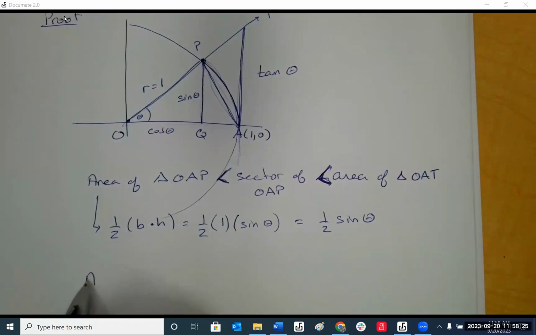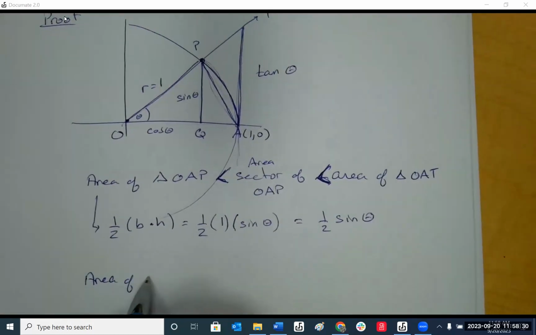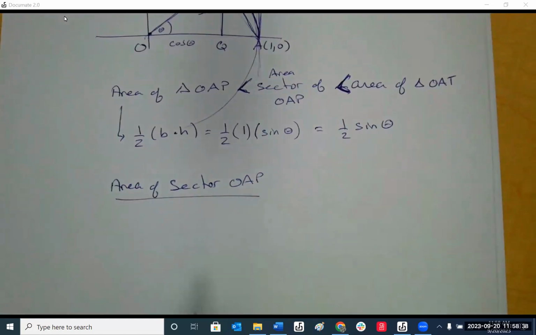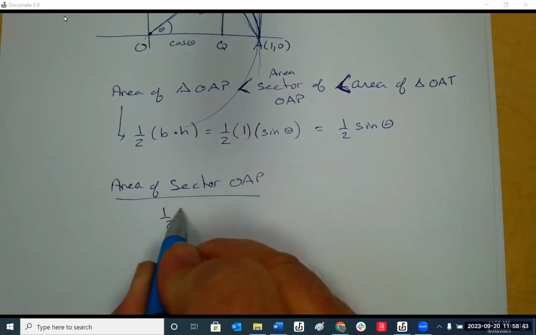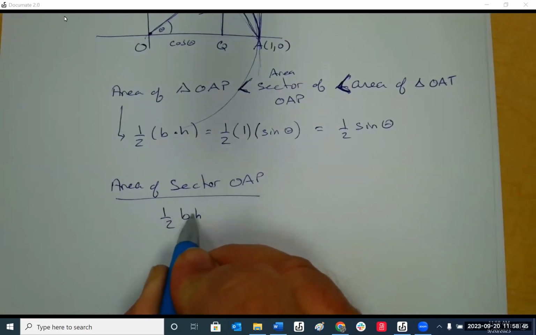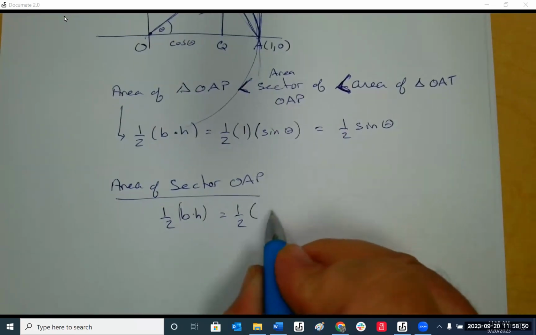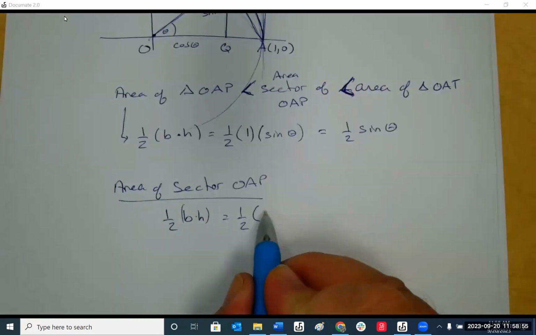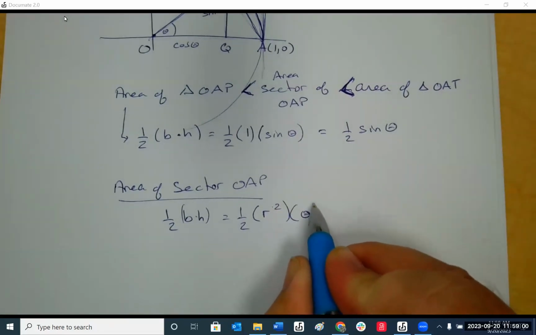The area of the sector OAP is equal to 1/2 base times height, which is 1/2 the radius times theta.